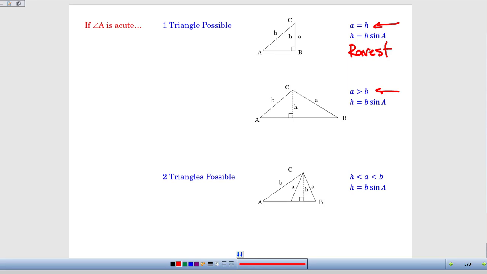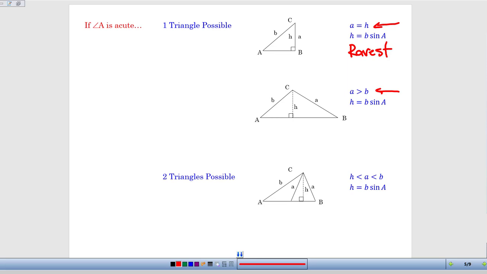So we don't even have to calculate the height in that circumstance. We know a triangle is possible. We know that length A is going to be long enough to reach the bottom, and so there's only going to be the one triangle. So again, we can just go straight to our law of sines and start solving for those missing pieces.